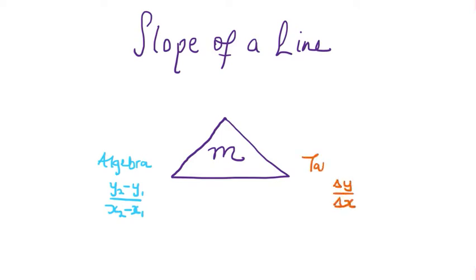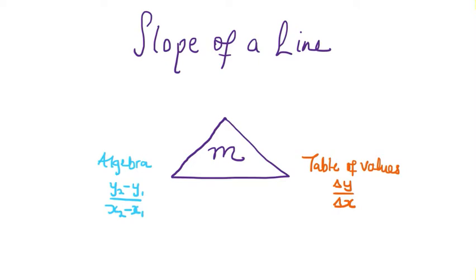The second case is through a table of values, and in this case we notice that in the x column we have a constant change in x, and the same is applicable to y, a constant change in y, which gives us our change in y divided by the change in x. Once you do that, you'll be able to determine the slope of that line if given a table.